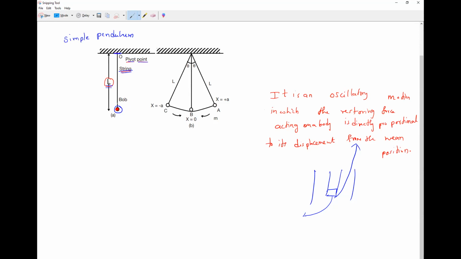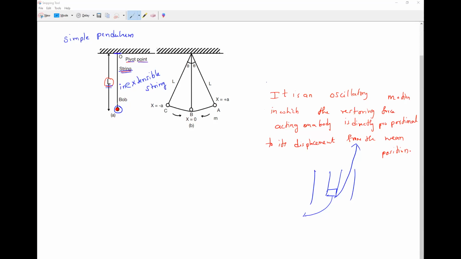And remember, this string is an inextensible string. What do you mean by inextensible string? Anybody can tell? I want to know how many of you know the meaning. It doesn't have any elasticity, sir. Yes, zero elasticity.